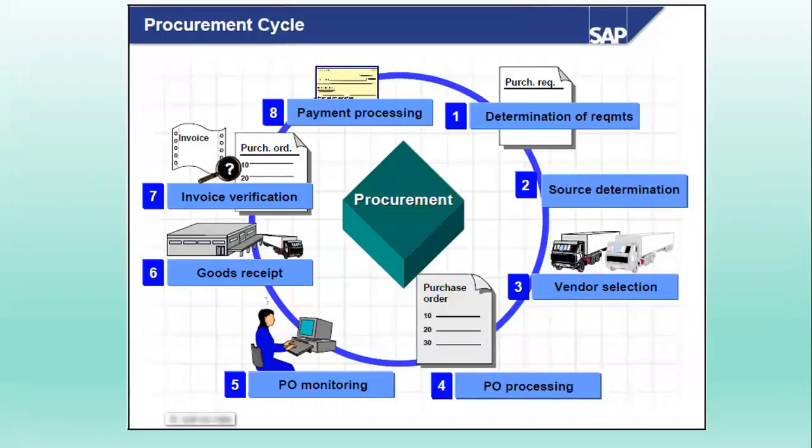So this one we discussed, right? The first step is determination of the requirement. So we identified what is required. Okay. So the second step is source determination.